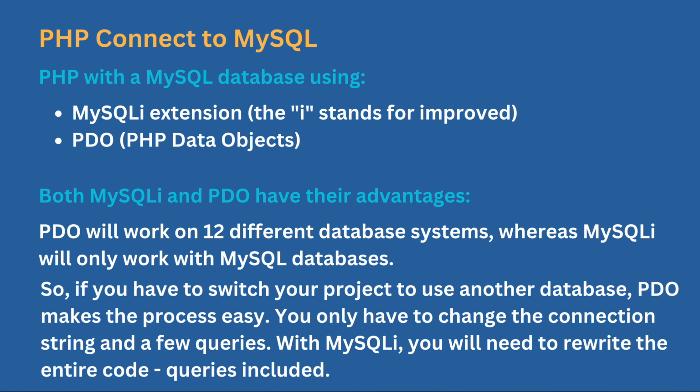Suppose you developed your application using the MySQLi extension and its methods for different operations, and after 5 years you are thinking of migrating your database to Oracle. What do you have to do, guys?